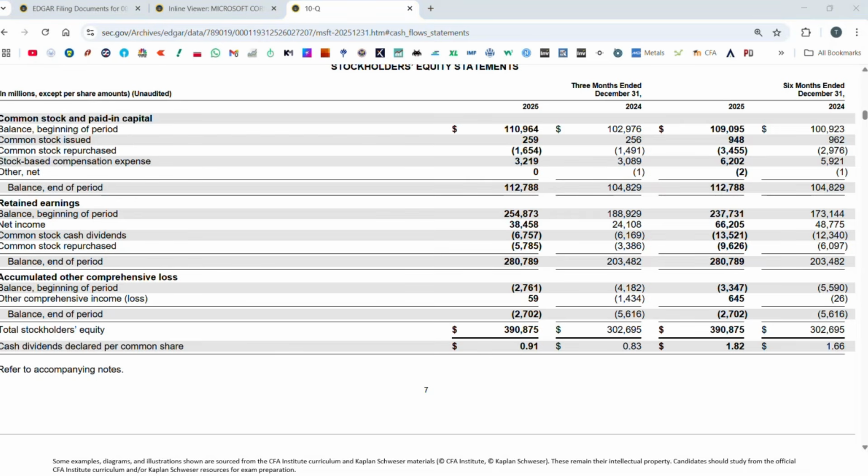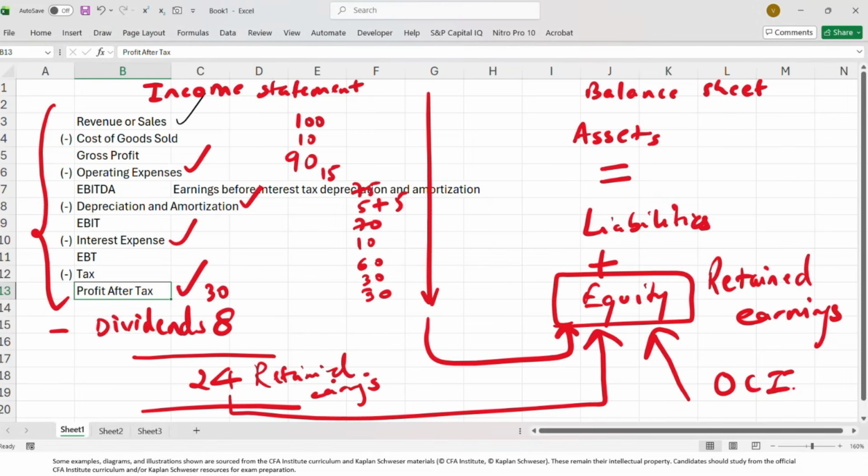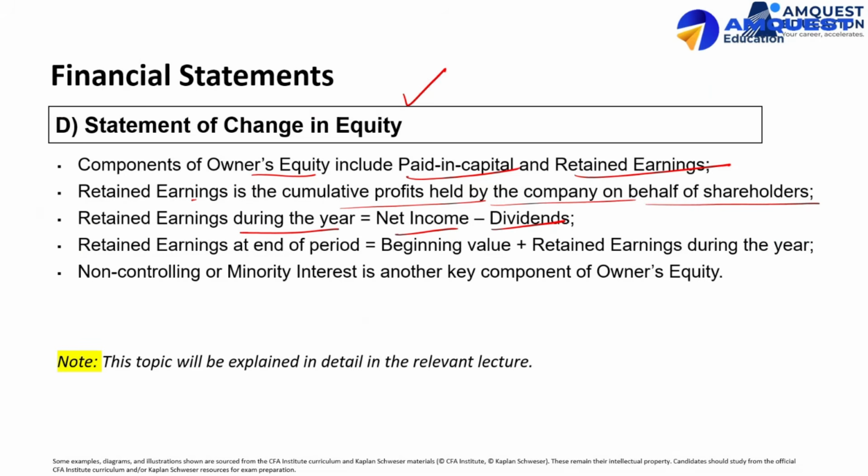We said in our Excel sheet that from net income or profit after tax, if you pay dividends, whatever is left is retained earnings. So that is exactly what the slide is also trying to say, that retained earnings during the year is net income minus dividends. If you don't pay dividends, no problems. You will have full net profit as your retained earnings.